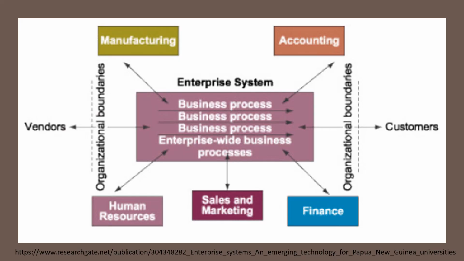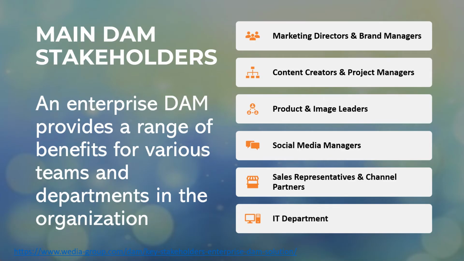Dekat sini berlakunya all this business process. Dia maknanya akan keep all the data dan sebagainya. So this system actually comes from the vendors tapi digunakan oleh organisation in order for them to give the best services to their customers ataupun to their clients.